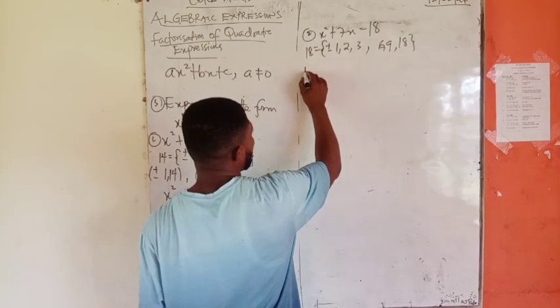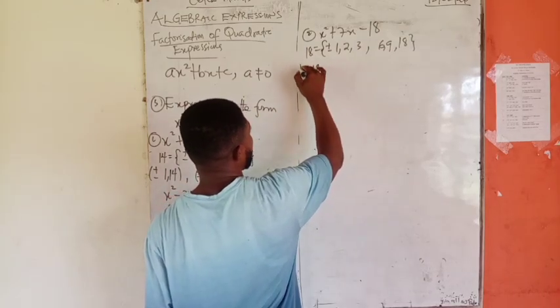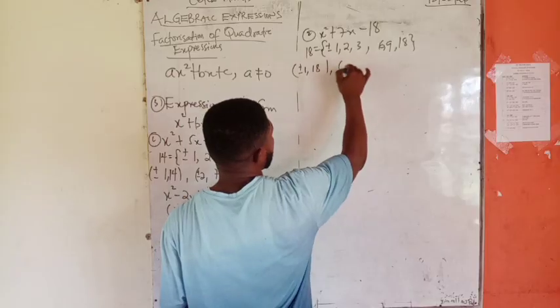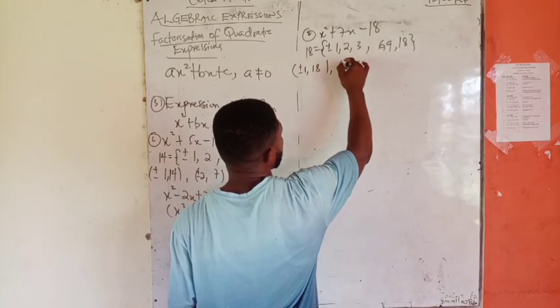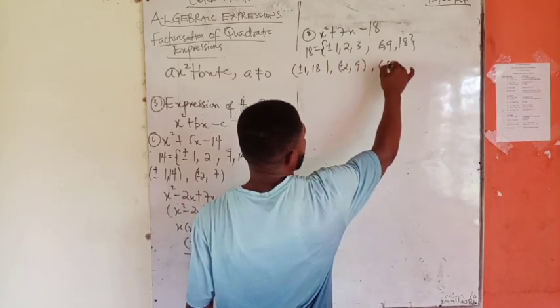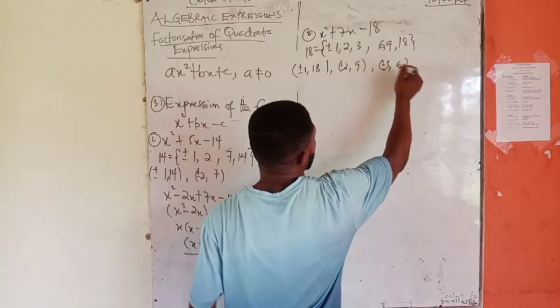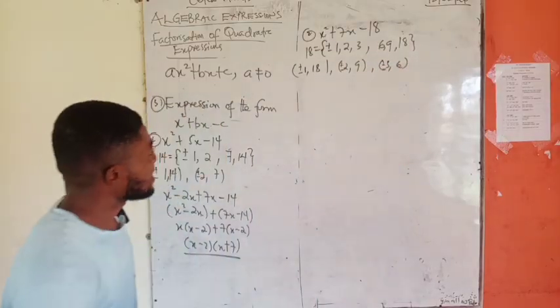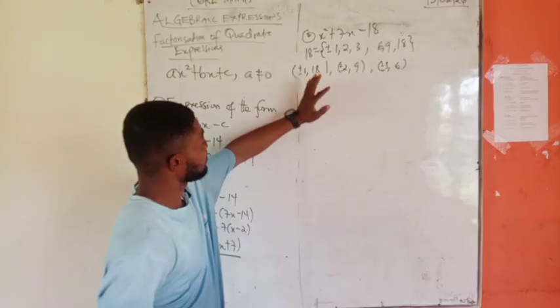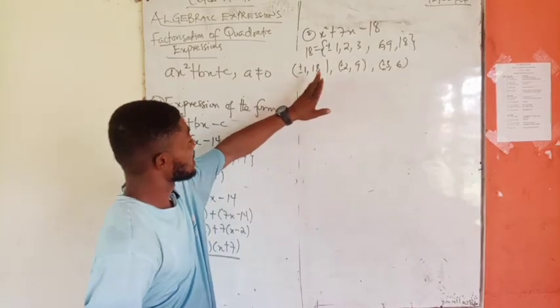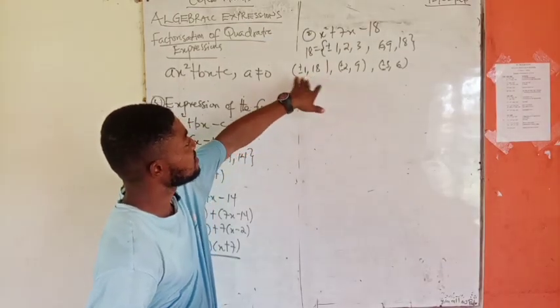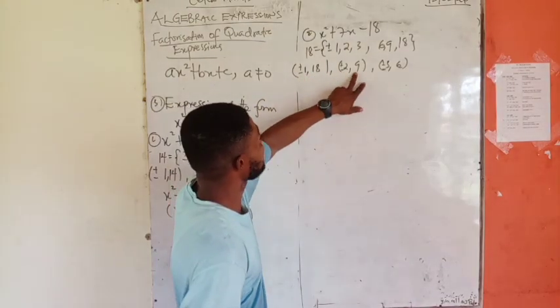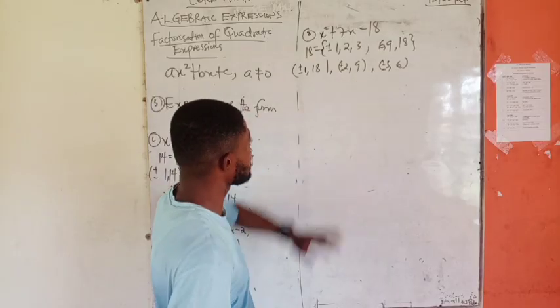So I now have 1 against 18, 2 against 9, 3 against 6. Okay, so now I take the first one. So my positive number should be big. So negative 1 against 18, it won't work. Negative 2 against 9, that is likely to work. So it's going to work.